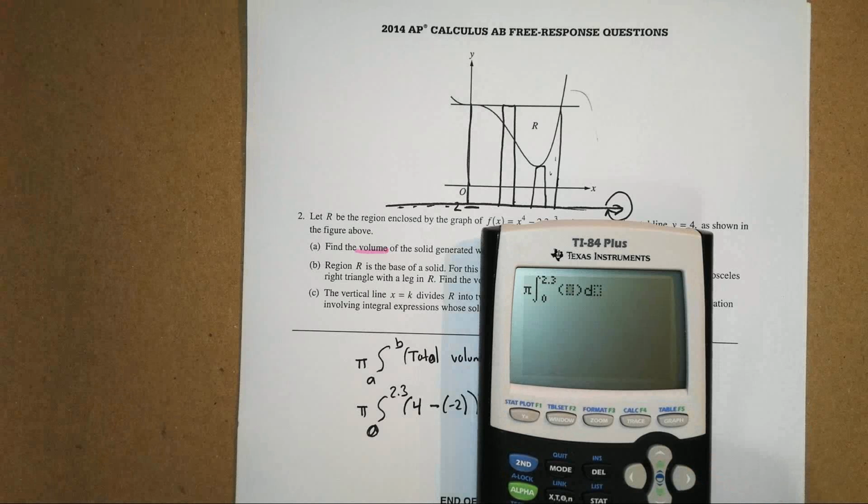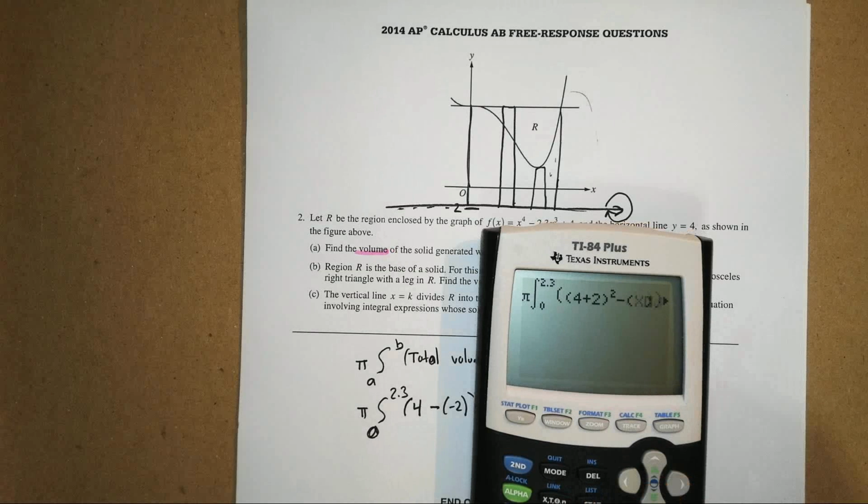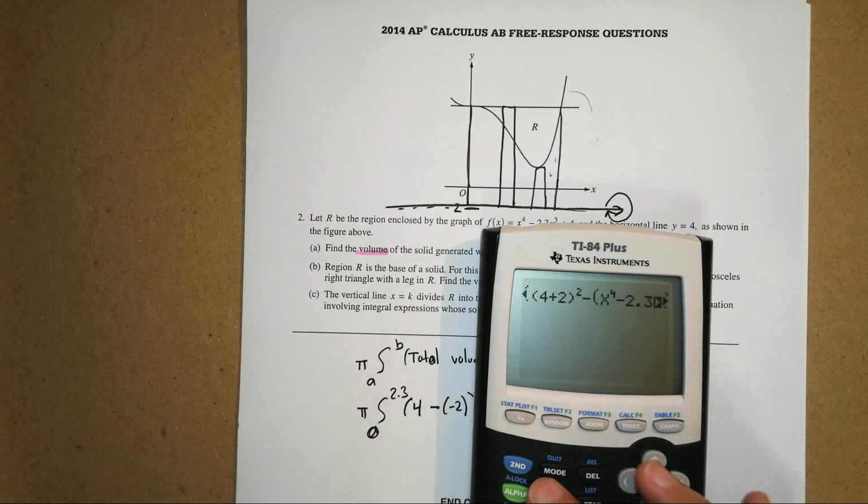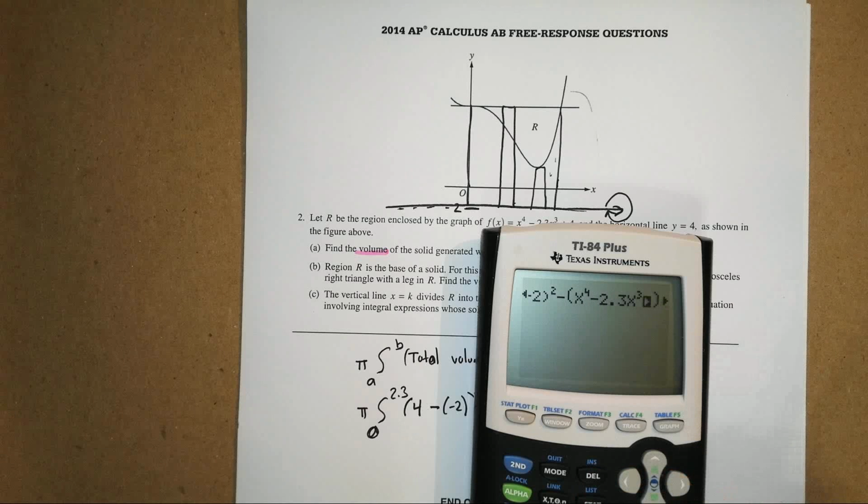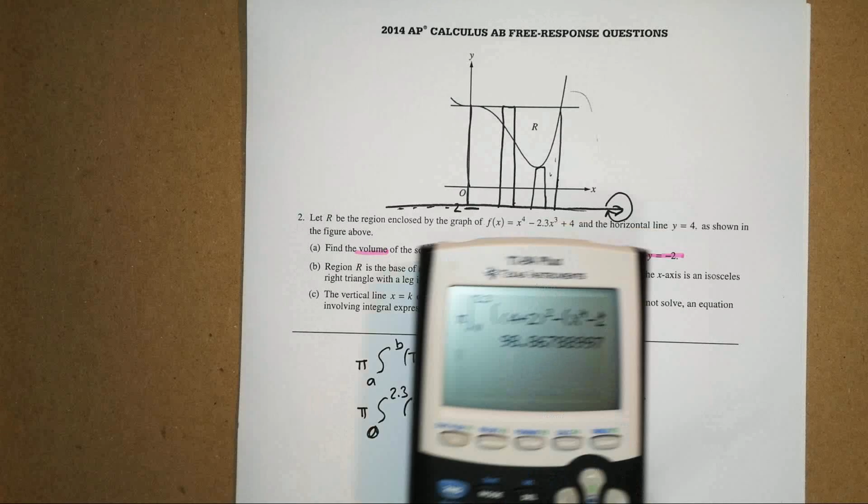So parentheses 4 plus 2, because negative is 2, squared, minus top curve minus bottom curve, which happens to be x to the 4th minus 2.3 x to the 3rd plus 4 minus 2, which is again once more plus 2, close parentheses, then square it, and then just make sure you put a dx, let it calculate it for you, and you should get 98.867, and then always round to 4 decimal places.